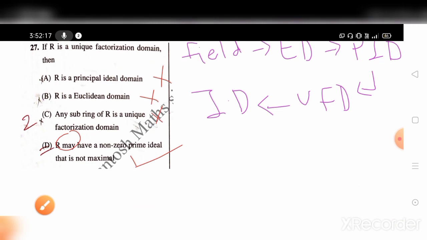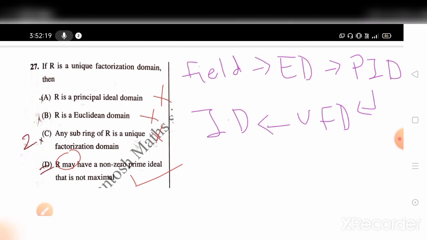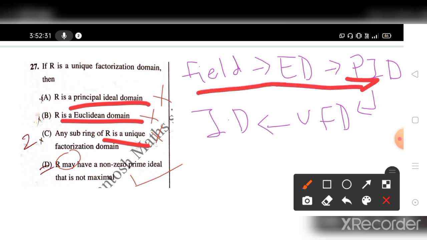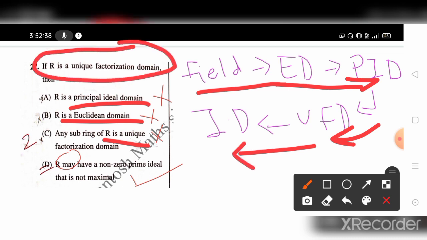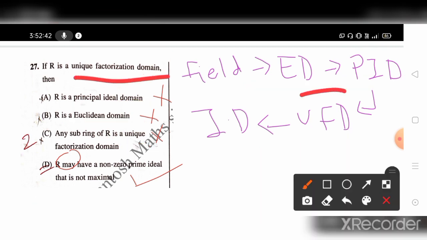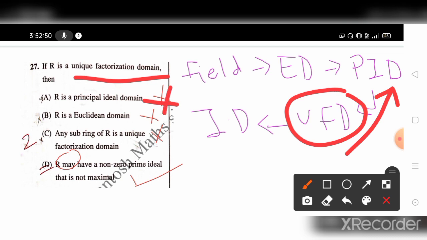Next question. If R is a UFD, then R is a PID, R is an ED and UFD. Here is one formula: field implies ED, ED implies PID, PID implies UFD, UFD implies integral domain. Here R is given as a UFD. The first option says R is a principal ideal domain, converse not true, so option A is wrong.